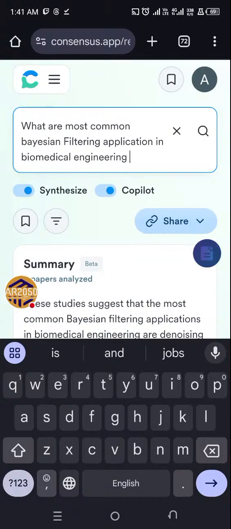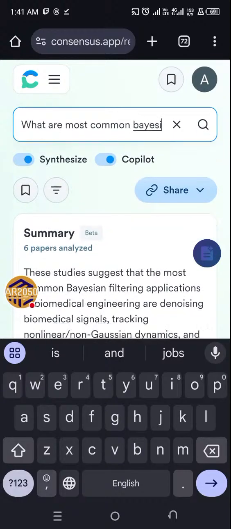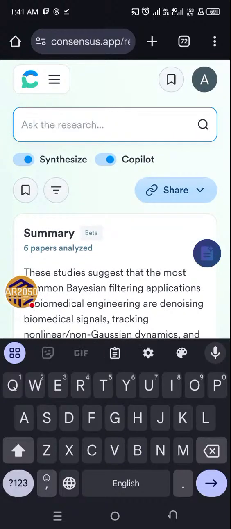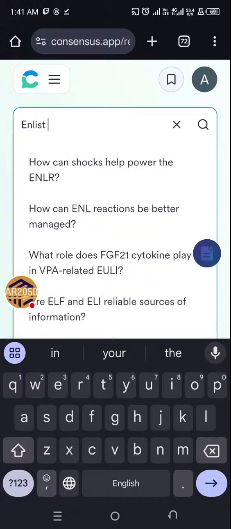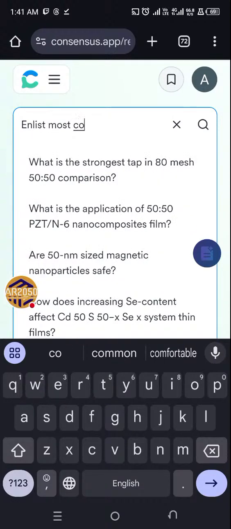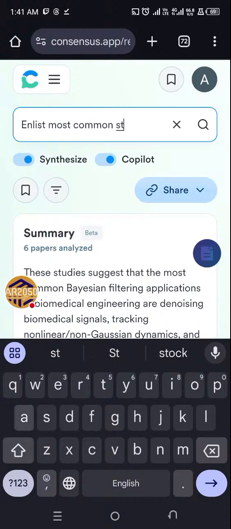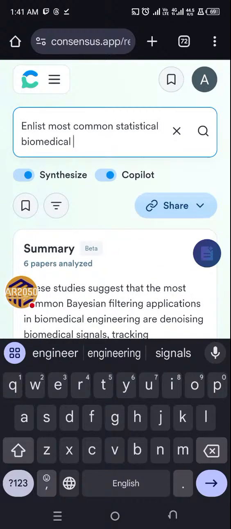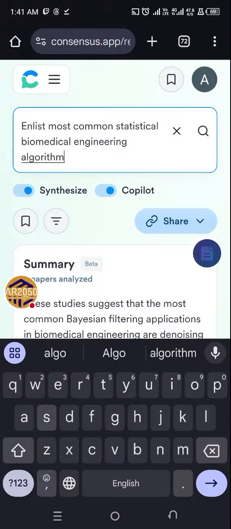let's ask, and list most common statistical algorithms.